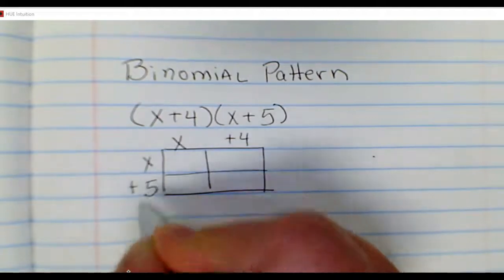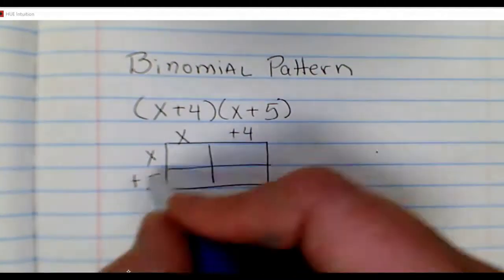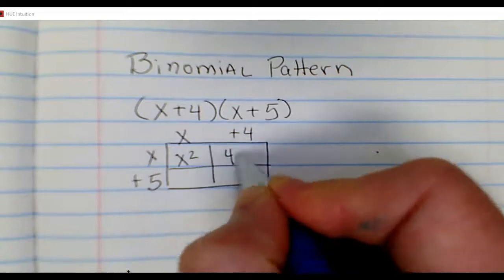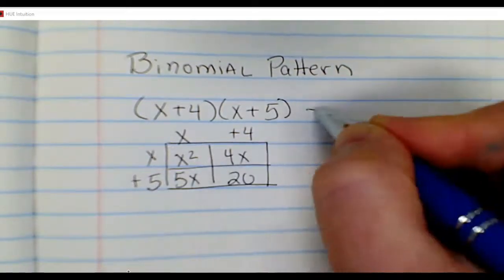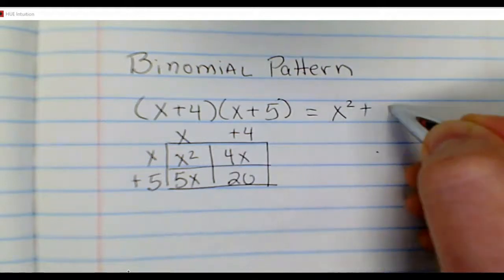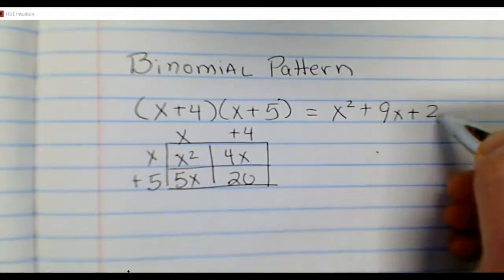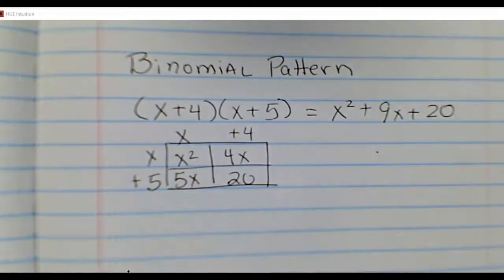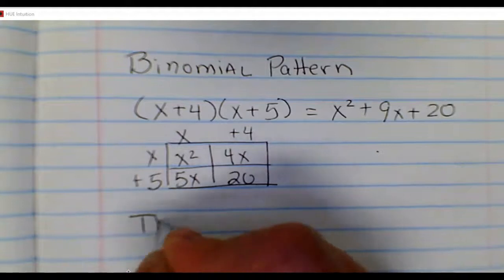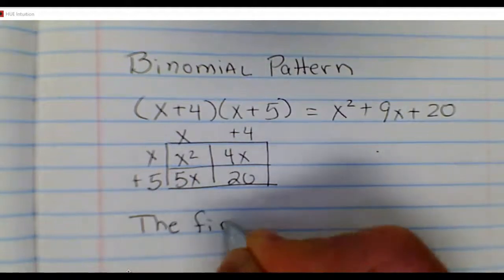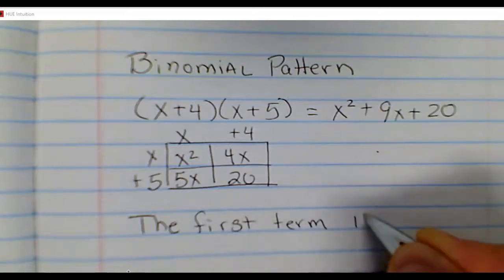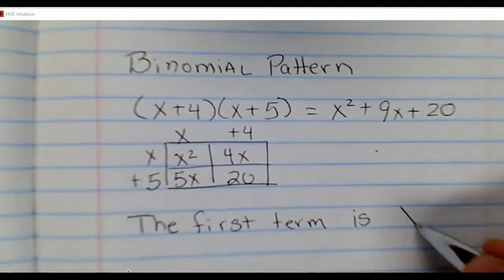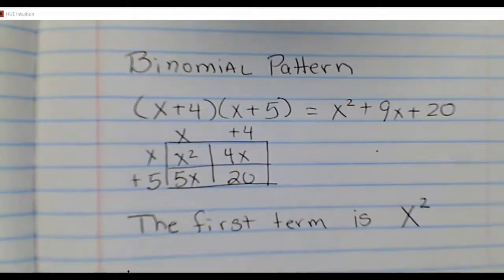If I multiply this box problem you get x squared plus 9x plus 20. Looking at this example, your first 4 examples, what is the first term? X to the power of 2, x squared.